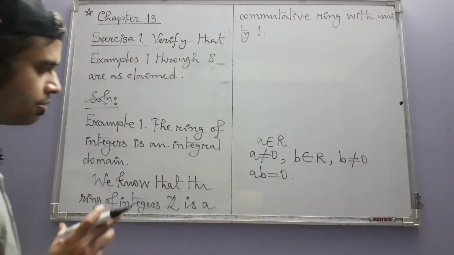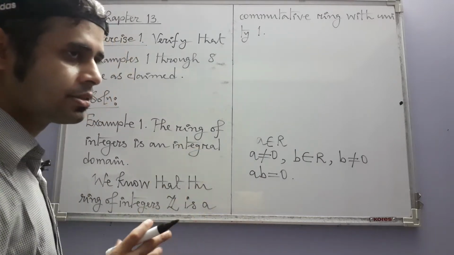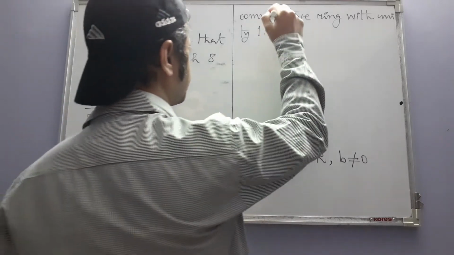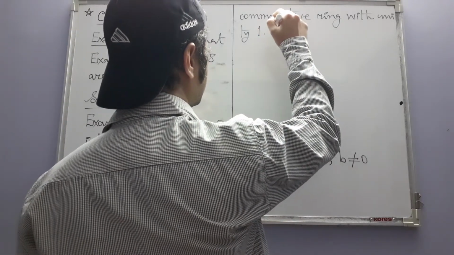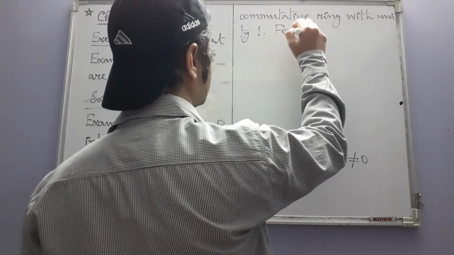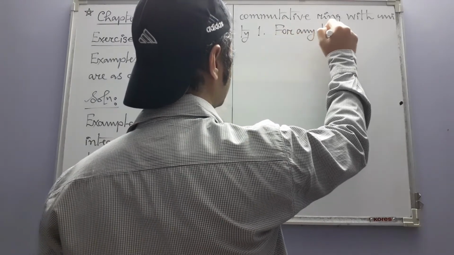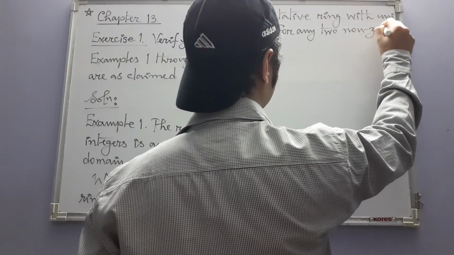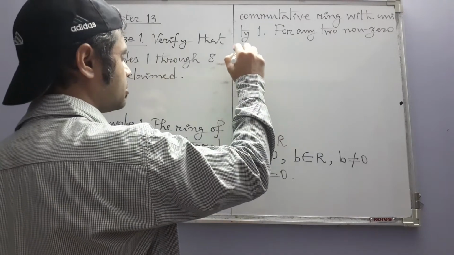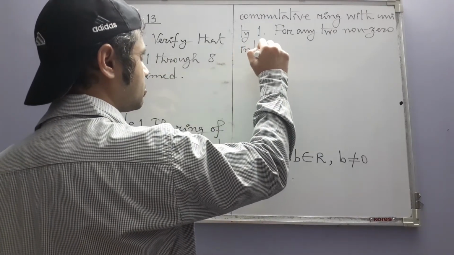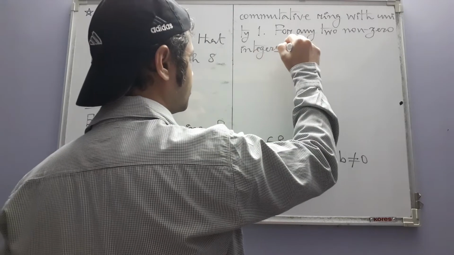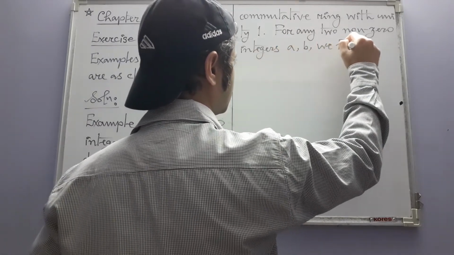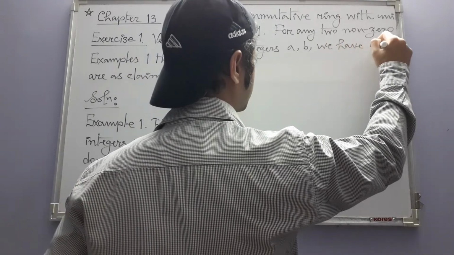Now to claim that this is an integral domain, we have to show that there is no zero divisor. For any two non-zero integers A and B, their product is non-zero.